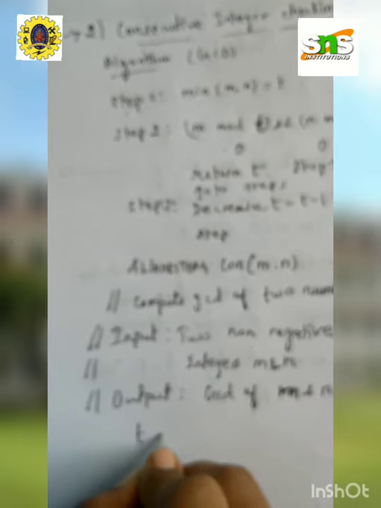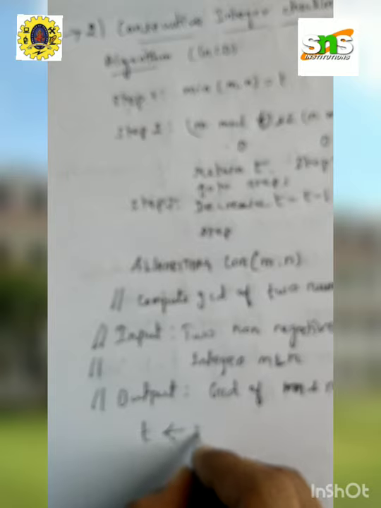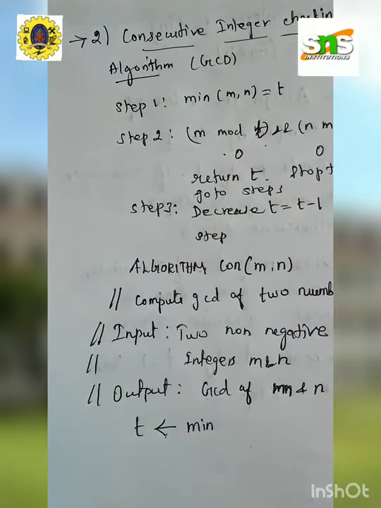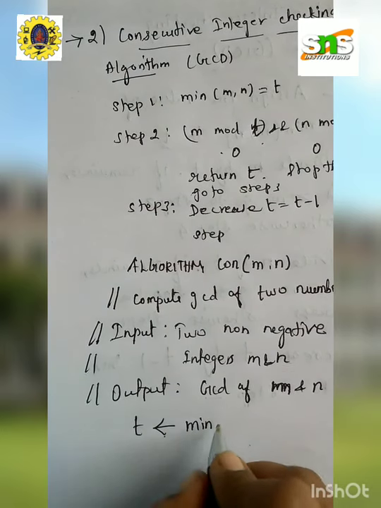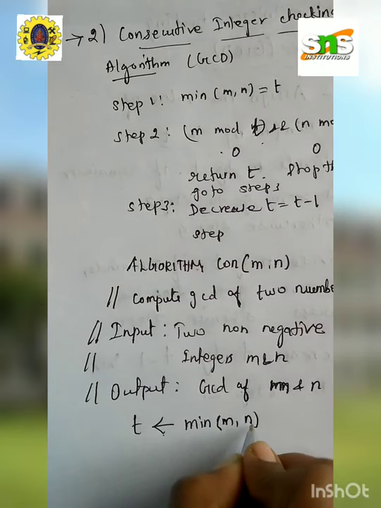Now I am going to convert this into steps. t equal to, you can use this symbol instead of the equal to symbol, minimum of m comma n.